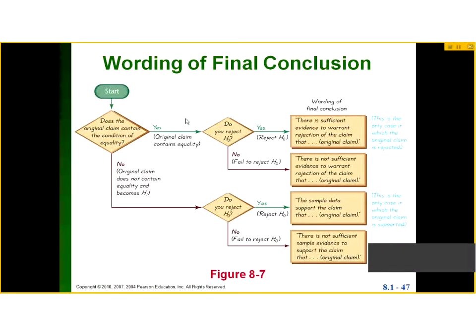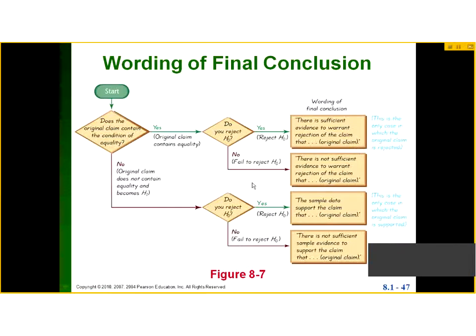If the answer is yes, ask yourself another question: do you reject H0? That is, I rejected the claim. If the answer is yes, this is my explanation: I rejected the claim they gave me. So there is sufficient evidence to warrant rejection of the claim that, and write here the original claim.